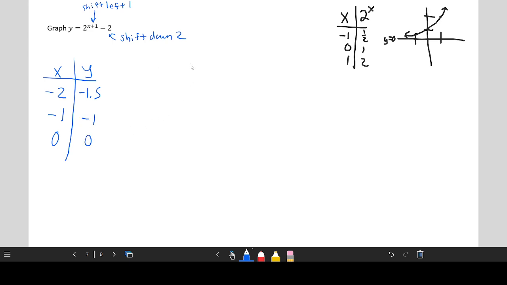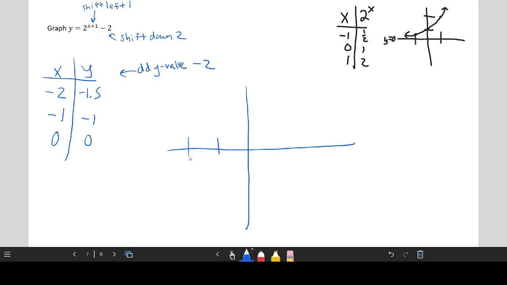So just the old y value minus 2. So let's graph this.